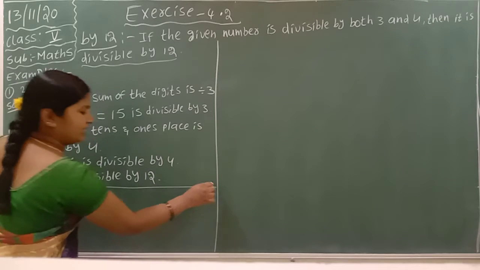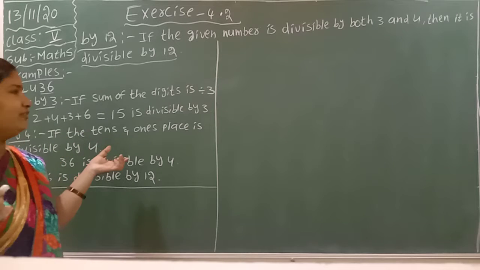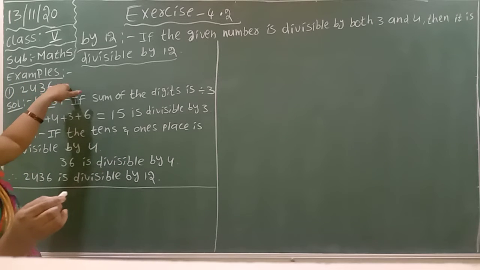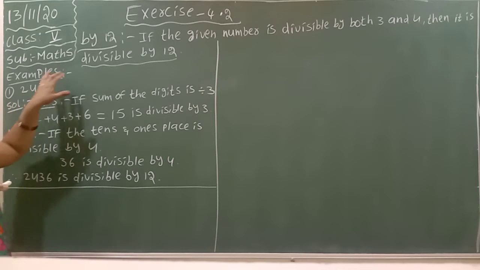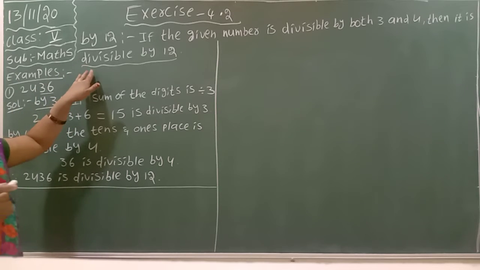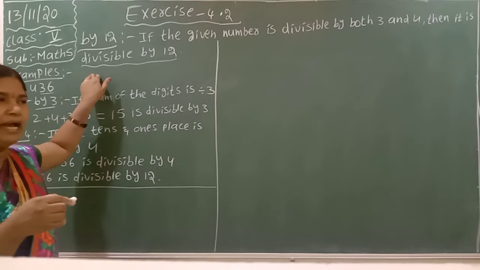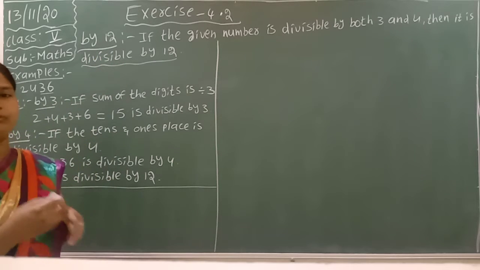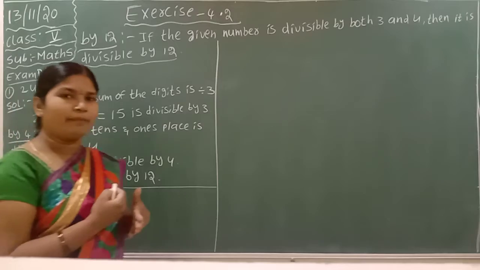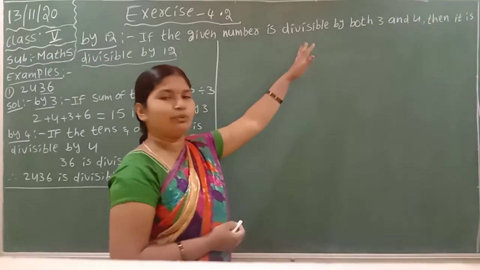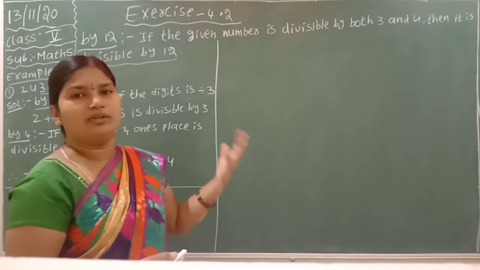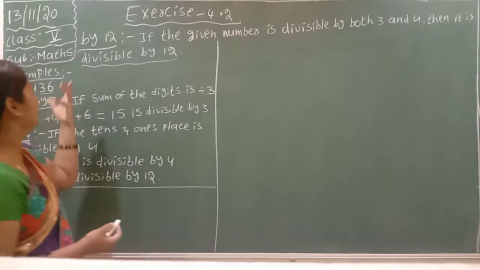If you understood clearly, children, think once. Here I am taking one example, that is 2436. They are asking if it is divisible by 12 or not. What is the property of the divisible by 12 rule? If the given number is divisible by both 3 and 4, then only it is divisible by 12.